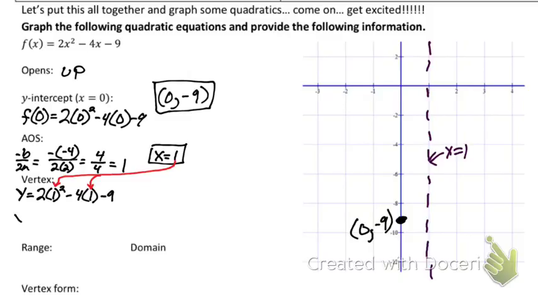All right, that's going to give me y equals, that's just 2 minus 4 minus 9. Negative 13 plus 2 is negative 11. So our vertex is going to be x value of 1, y value negative 11. So the 1 comes from this x. Your y value comes out when you plug that 1 into your function. So let's plot the point 1, negative 11.